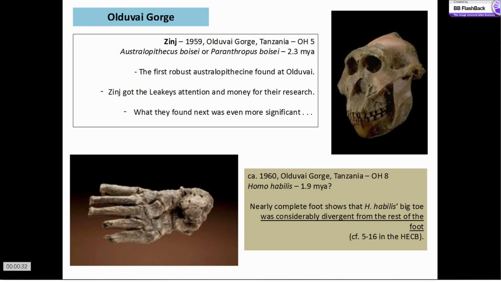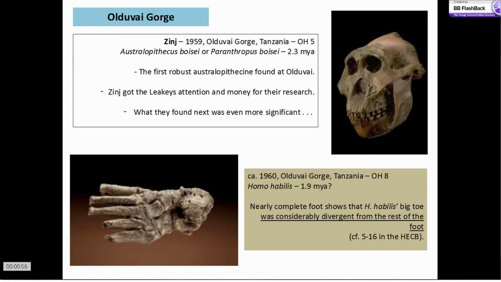That is, the big toe, like a chimpanzee's toe or like the thumb on your hand, stuck out a little bit, yet it was on the way to becoming in line with the foot, and the rest of the foot anatomy demonstrates that whoever had this foot was walking on two legs. So that suggests that they were walking on two legs before the big toe had come in line.